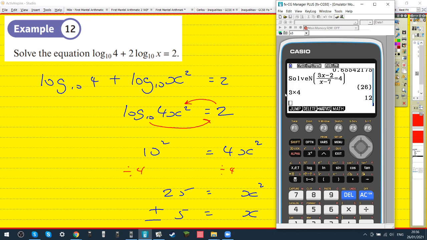I think it's Solve N. Option, Calc, F4. Solve N, F5. I think so. And then we log stuff. Where is log?